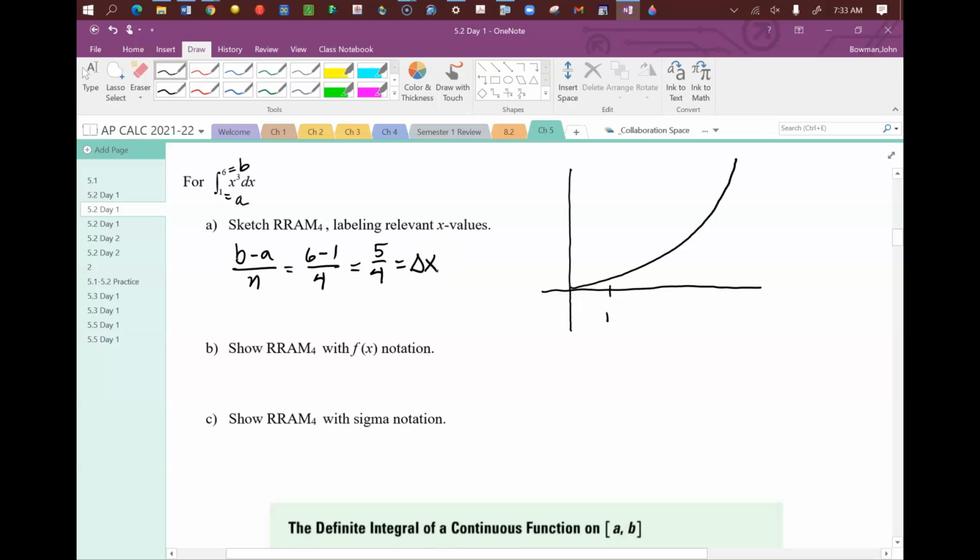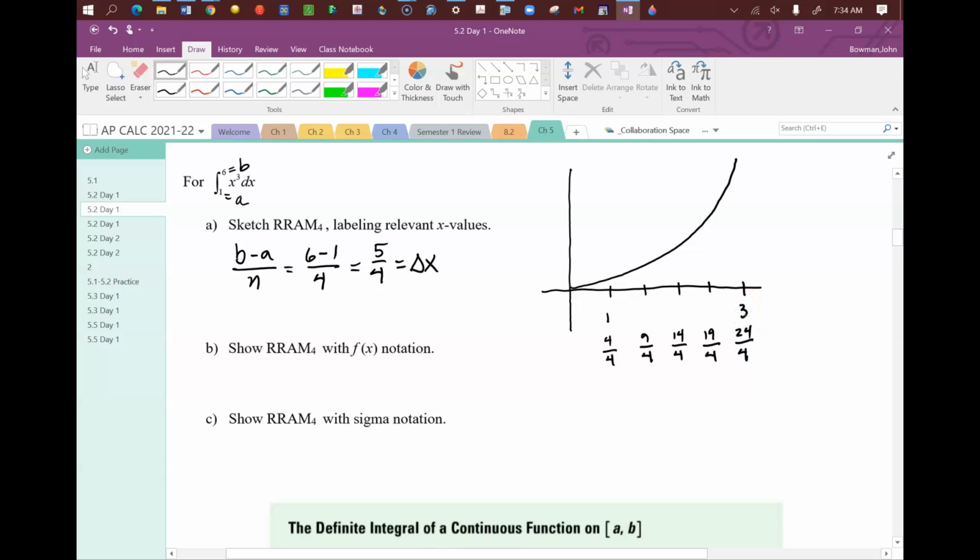And we are going to start at 1, so 1 would correspond to 4/4. And then we're going to add another 5/4 to that, so that would be 9/4, and add another 5/4 to that, which would be 14/4, and add another 5/4 to that, which would be 19/4, and one more time, which would give us 24/4, which is equivalent to 3.